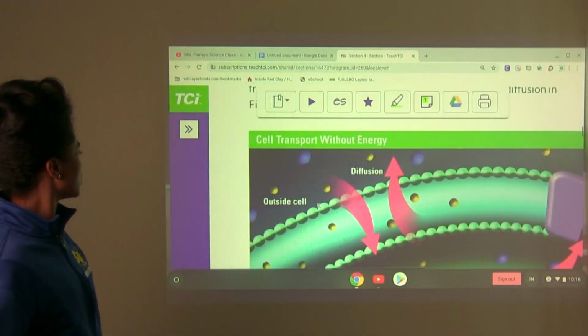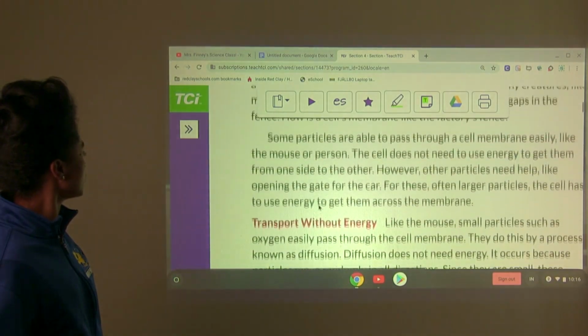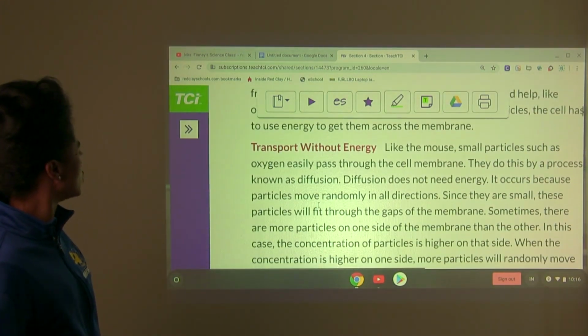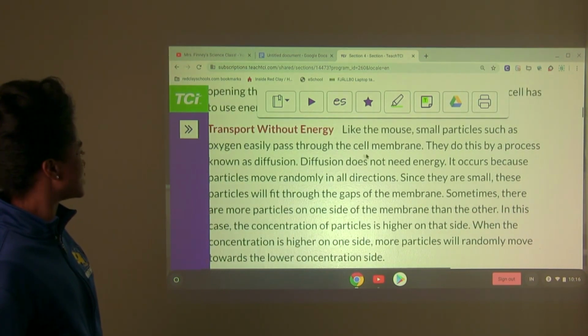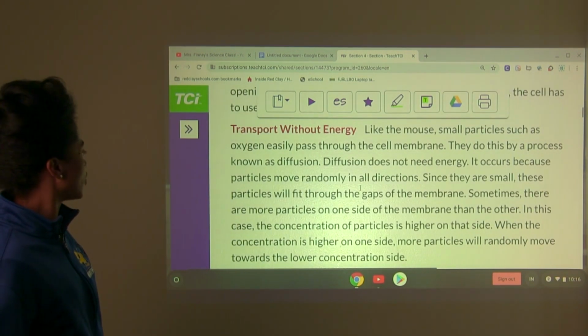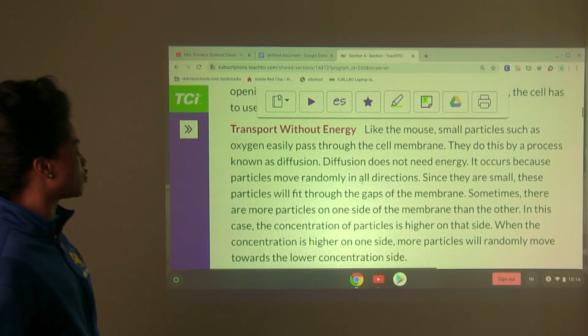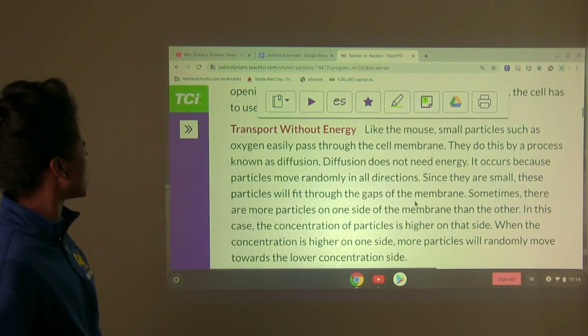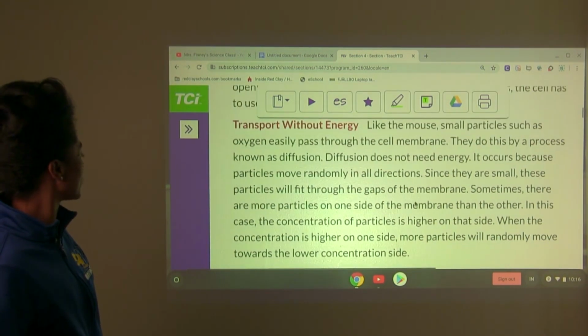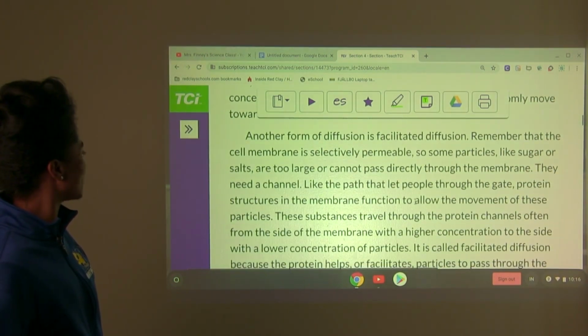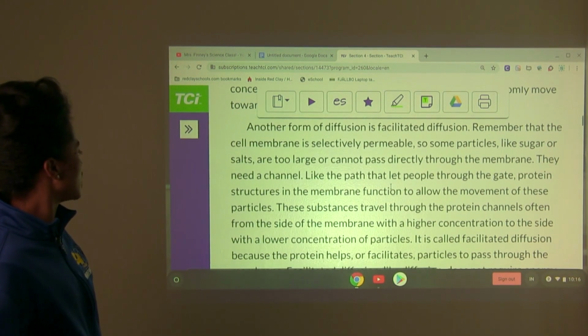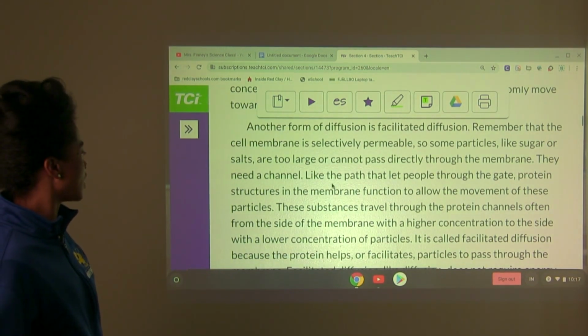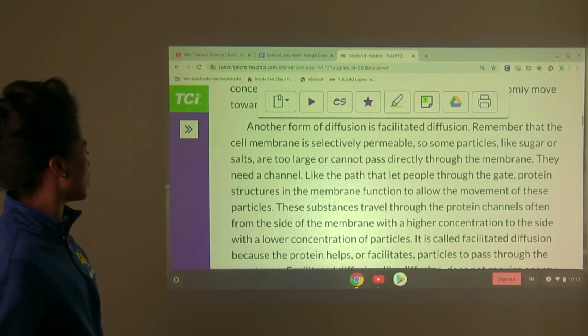All right. So here, when we're talking about diffusion, it does not need energy. Okay, it occurs because particles move randomly in all directions. And then another form is facilitated diffusion. Okay. And so they need a channel, like the path that lets people through the gate. Protein structures in the membrane function to allow the movement of these particles.